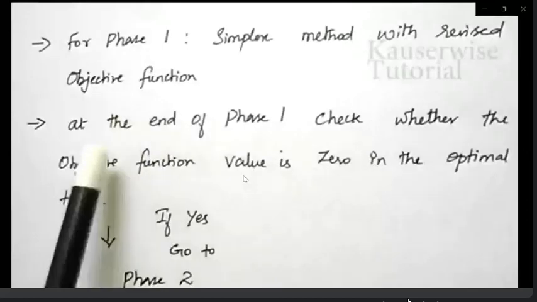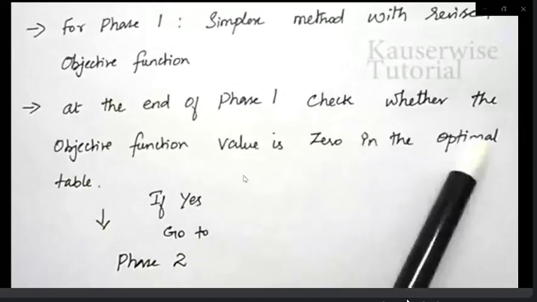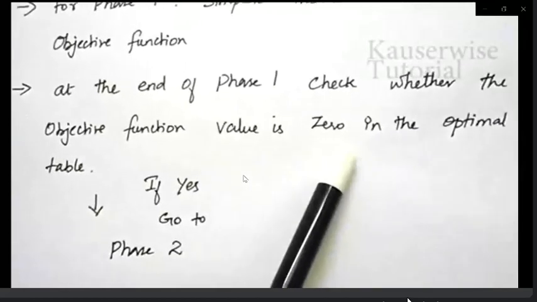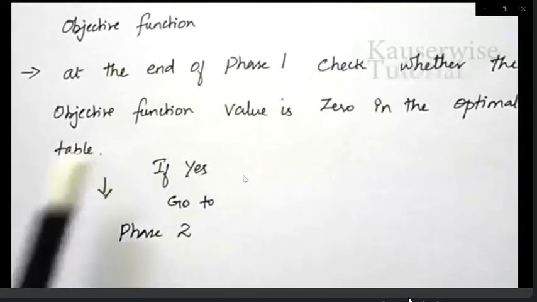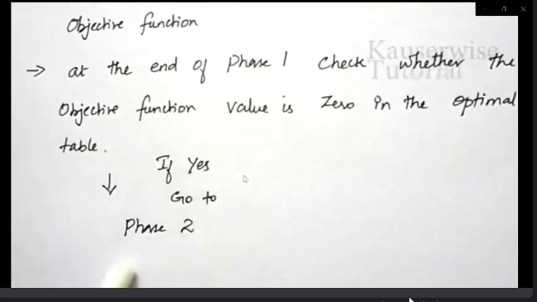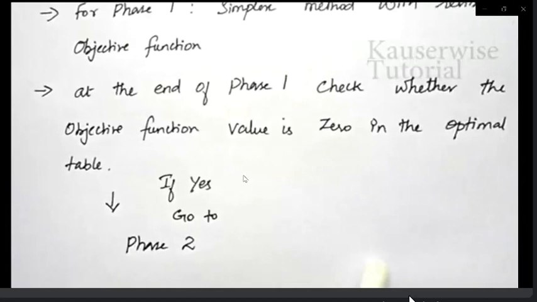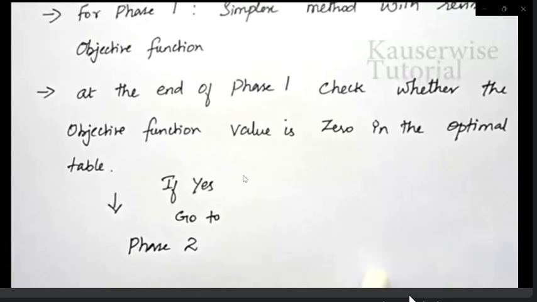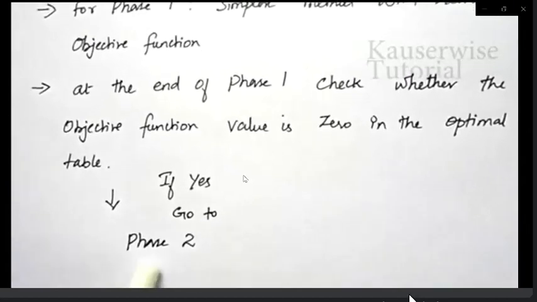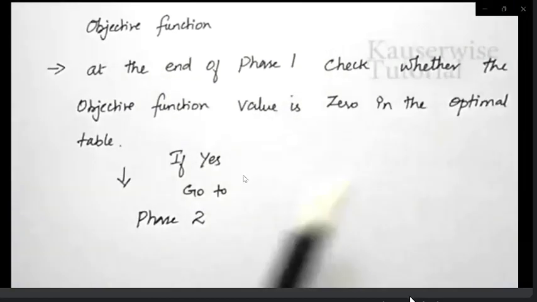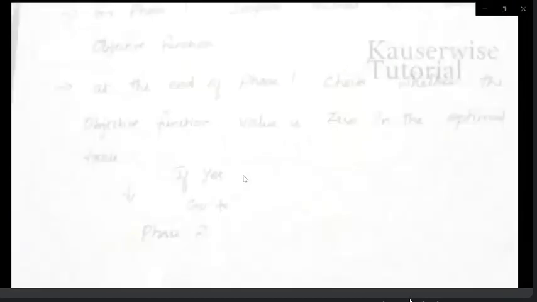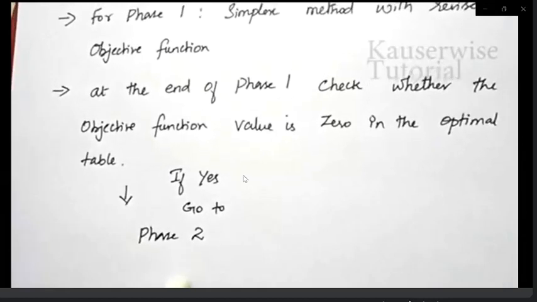At the end of phase 1, check whether the objective function value is 0 in the optimal table. If yes, go to phase 2, or else conclude that this problem does not have any optimal solution. In phase 2, from the optimal table, you proceed by replacing the original objective function.